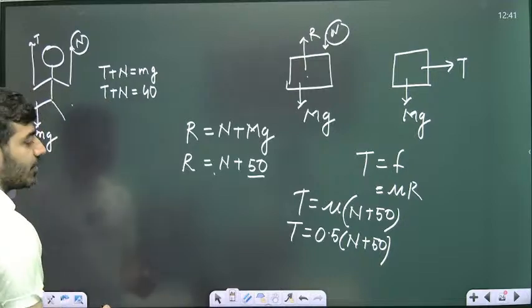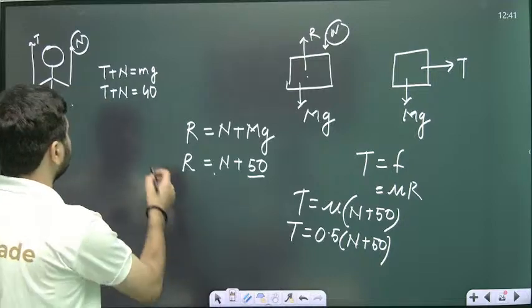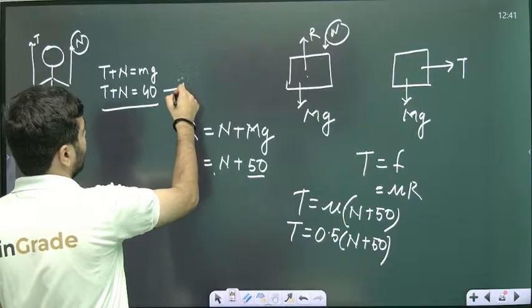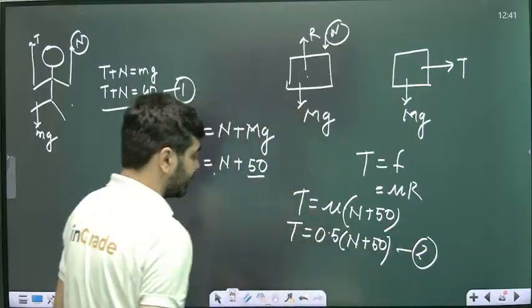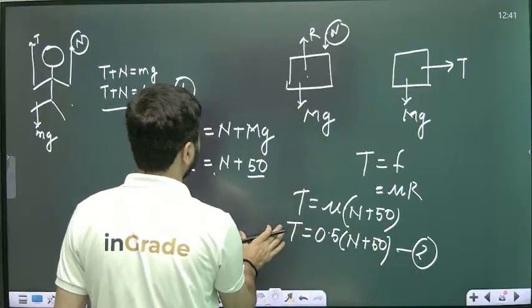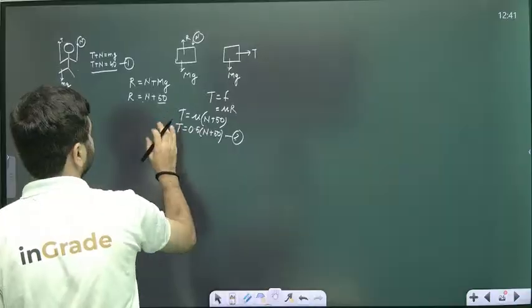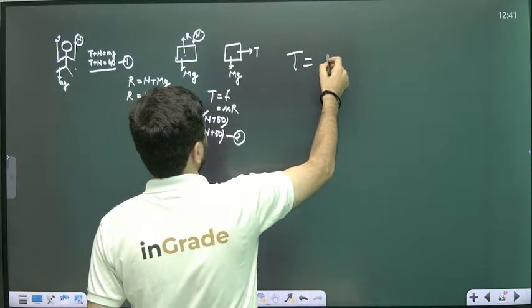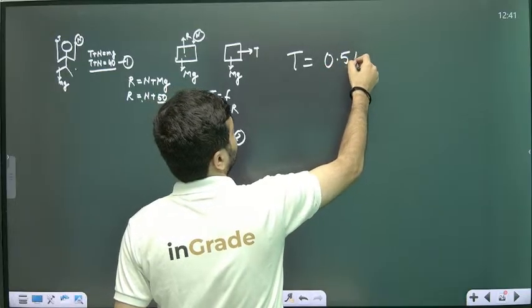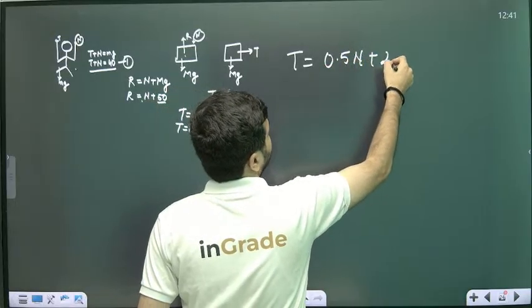Now we have two equations in terms of T and N. This is equation number 1 and this is equation number 2. Now let's solve it. T equals simply 0.5 N plus 25.